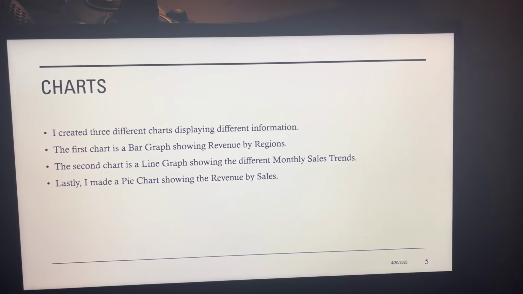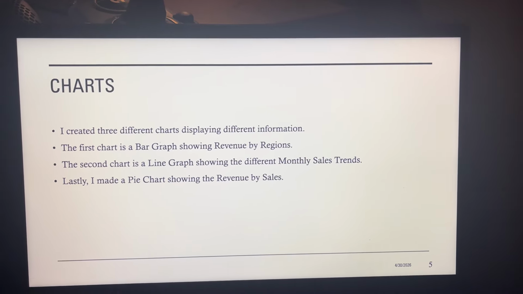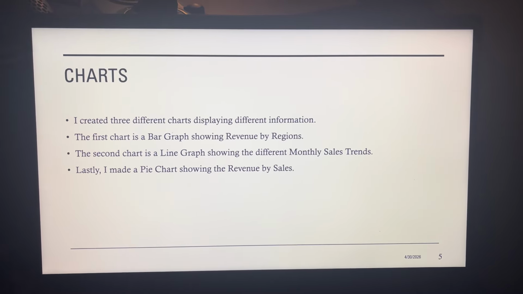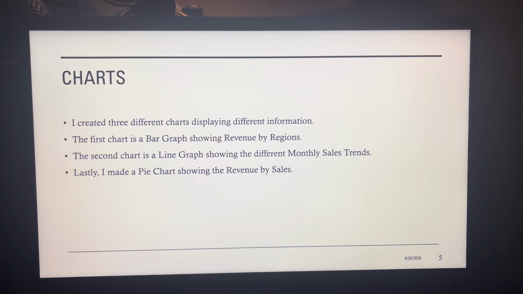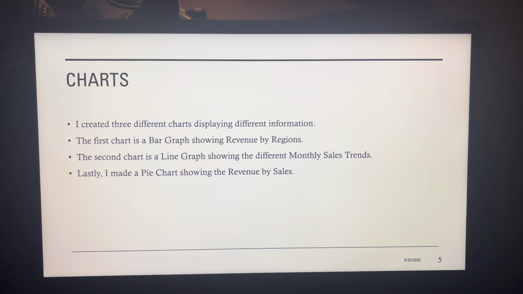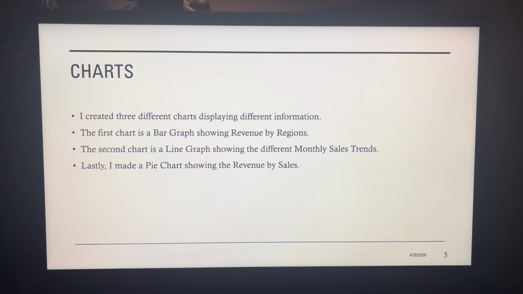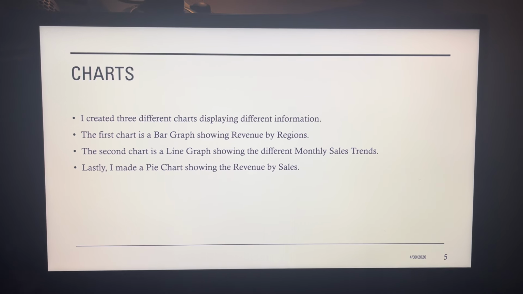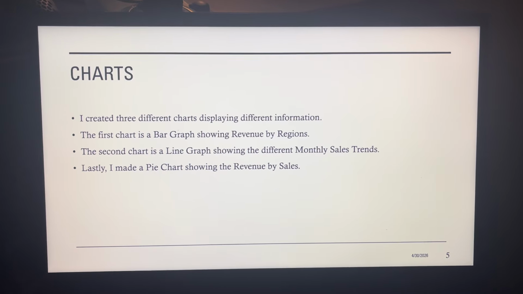You can see where it peaked, where it plateaued, where it was consistent, where it dipped down, to know what months are your specialty months and where you should really focus on sales. Lastly, I created a pie chart to show what items made the most revenue, so you can really focus in on specific items and buy more of those so you can increase your revenue in total.